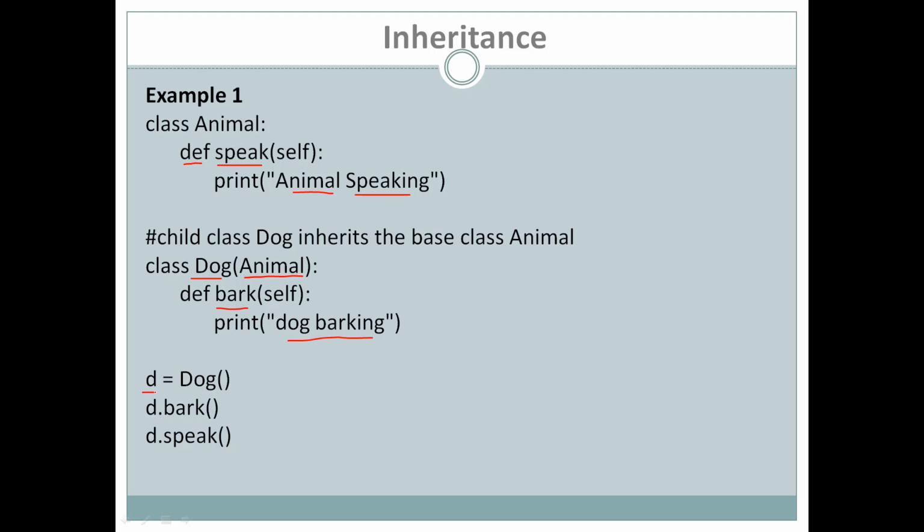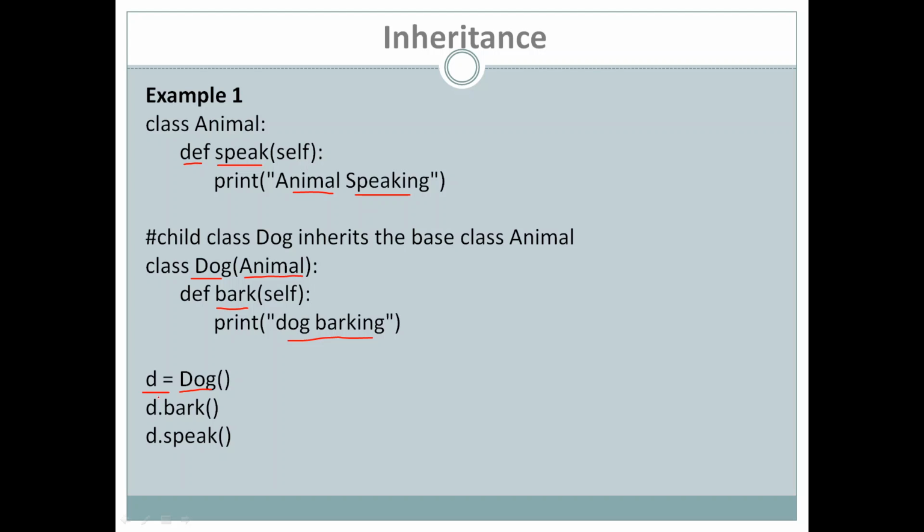Okay, so what we have done is first created an object of class dog, and once we have the object of class dog, we can call all the methods of class dog. As I've told you, we have two different methods, bark and speak. Bark is the original method of the dog class, and speak is from the superclass or parent class animal.